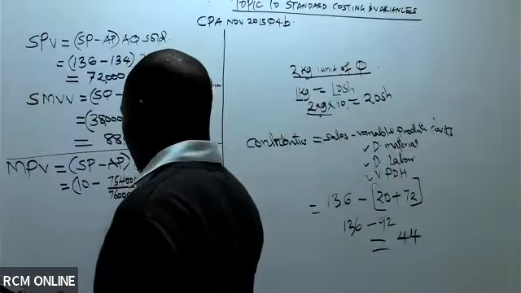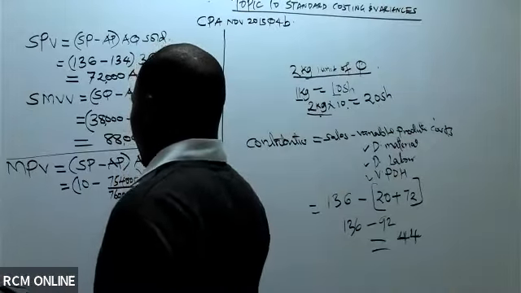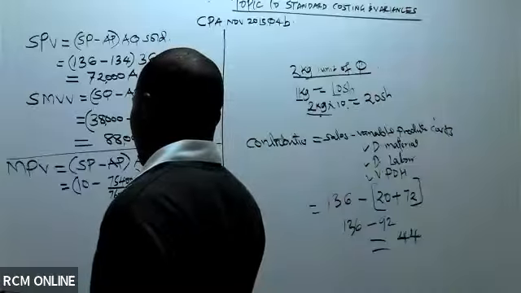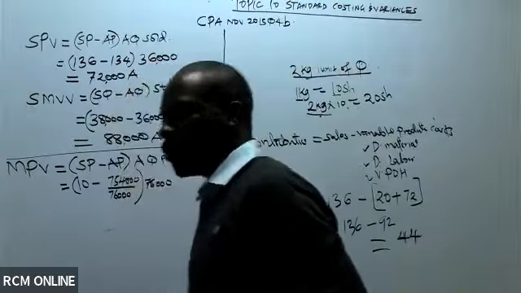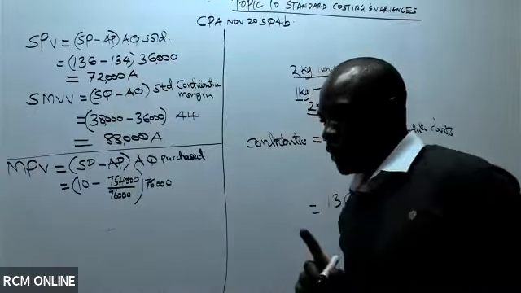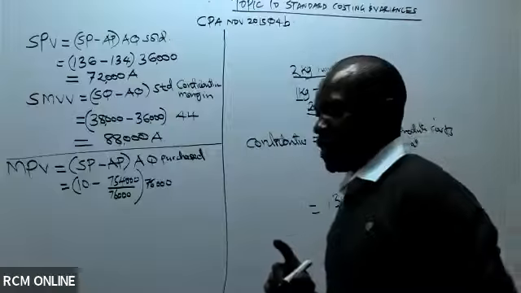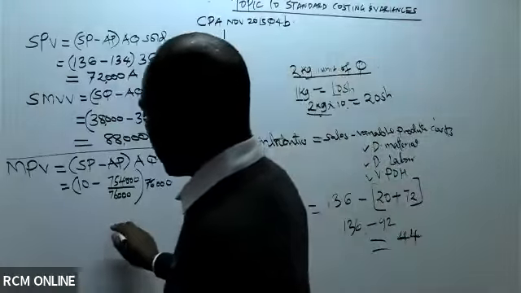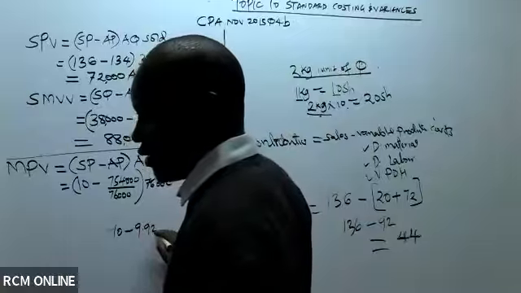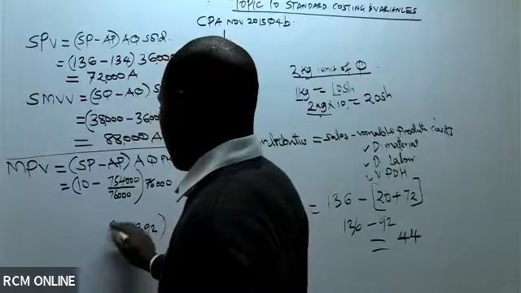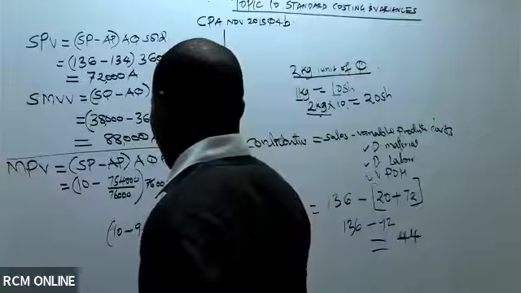Then once you close your bracket, you'll be multiplying it by actual quantity again. I want you to see this difference, how it will be coming in. Very interesting. So when you take 10 minus 9.92, rounded off to 2 decimals, then you multiply by 76,000. What are you getting?